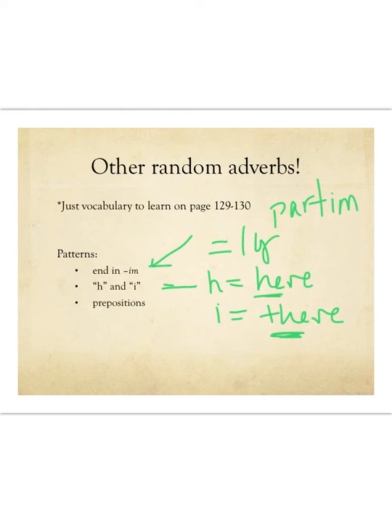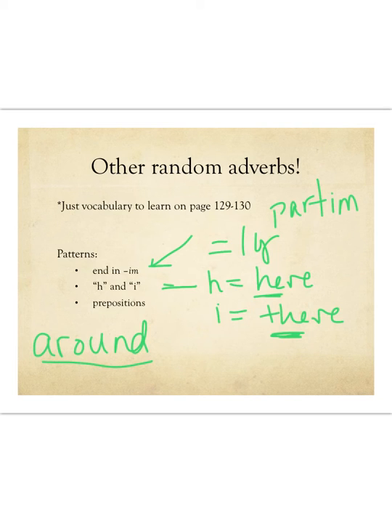And the other thing that you'll see on page 130 is that some of the prepositions that you've already learned can also function as adverbs, and we do this in English too. You can use a word like around to say he lives around the block, where around is a preposition, but you can just say something like I'll see you around, right?